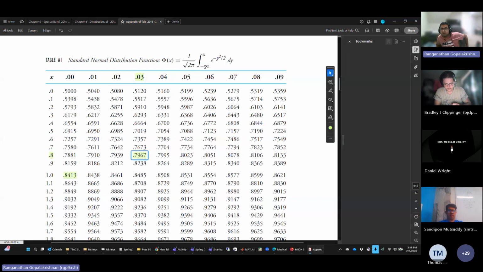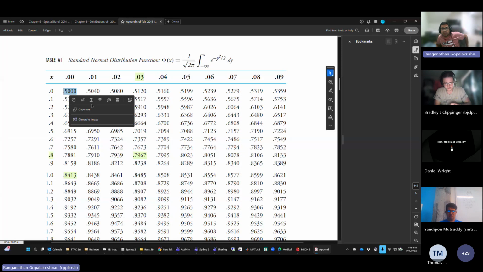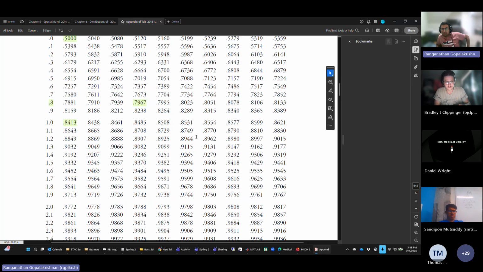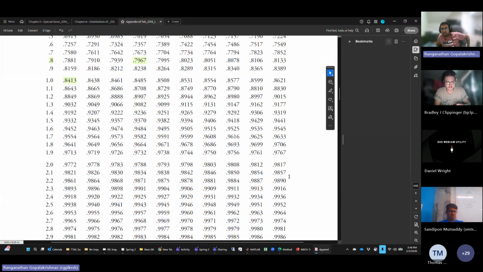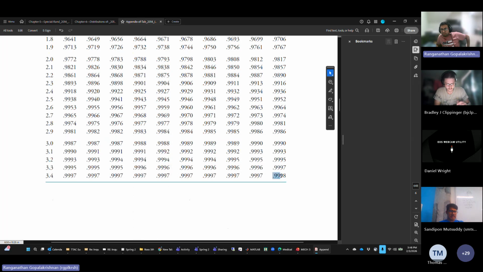Everything from minus infinity to that line is given by 0.7967. Look at how at x equals 0, the table starts at 0.5. That's like saying minus infinity to 0 is 0.5. And see where the table ends at around 3.49. It's practically 1. It's almost 1. Beyond 3.4, there is actually nothing much. That's what this says.